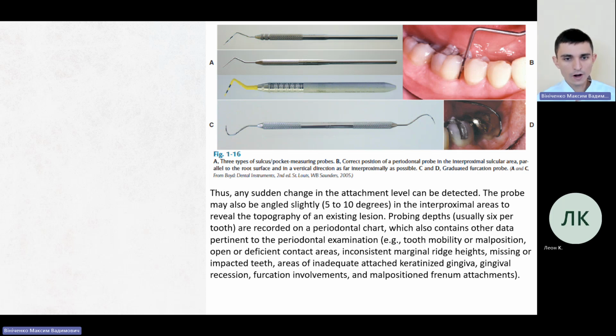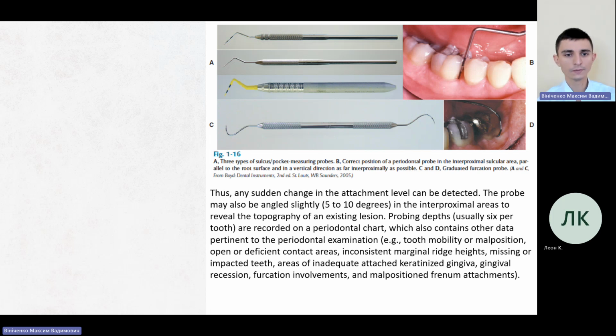Correct position of a periodontal probe in the interproximal sulcular area is parallel to the root surface and in vertical directions as far interproximal as possible, C and D. Graduated truncated probe on the picture D. Thus, any sudden change in the attachment level can be detected.